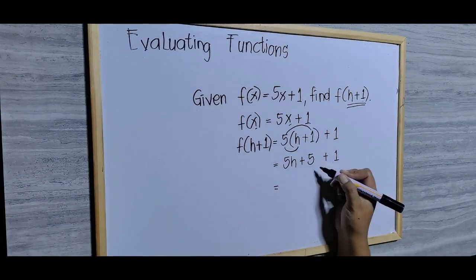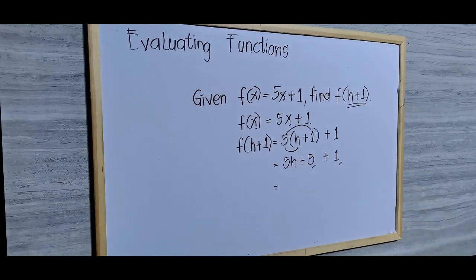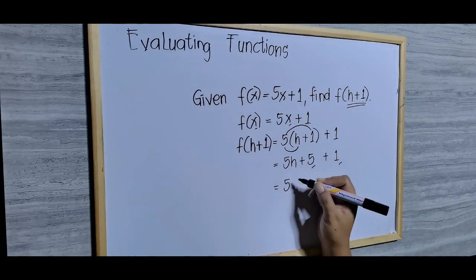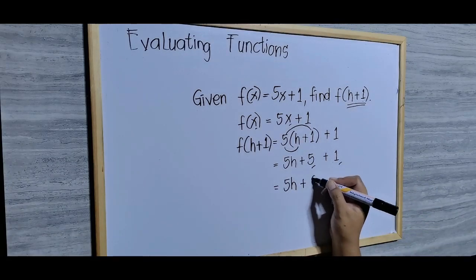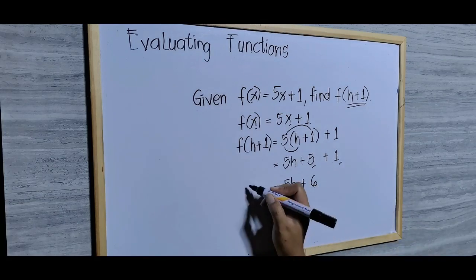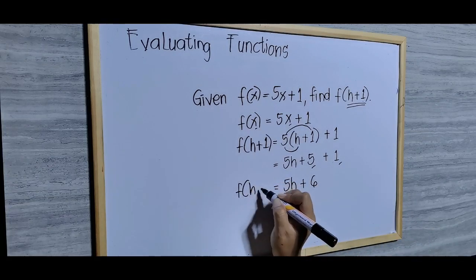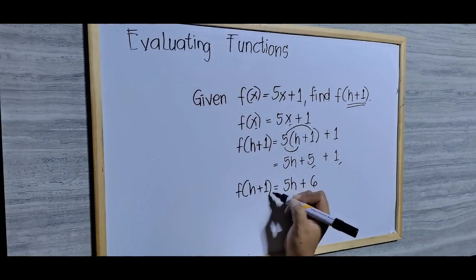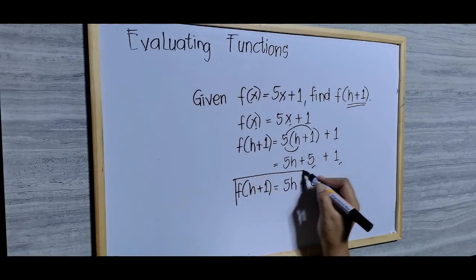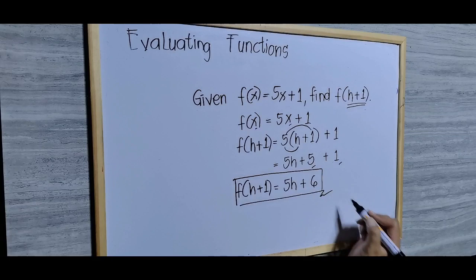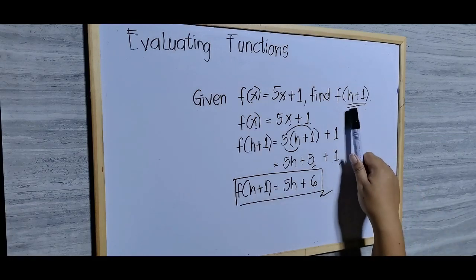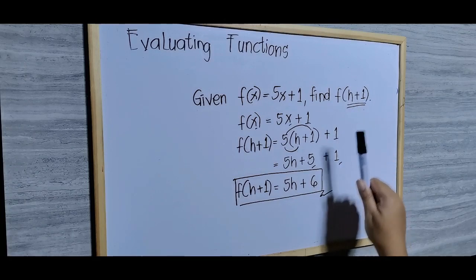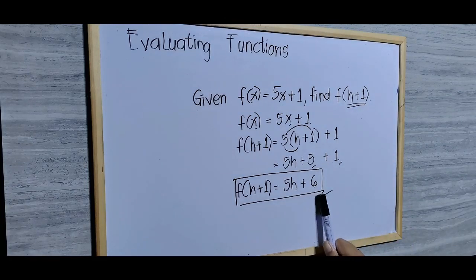At ang like terms natin ay si 5 and 1. So, we will have 5h plus 6. Therefore, f of h plus 1 is equal to 5h plus 6. Ibig sabihin, when x is h plus 1, we have 5h plus 6.